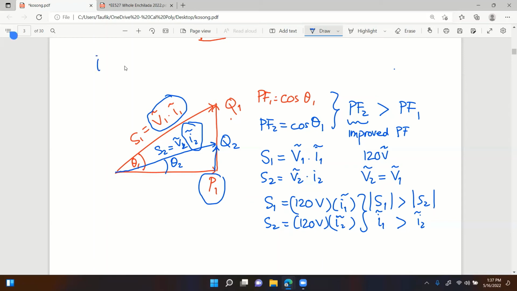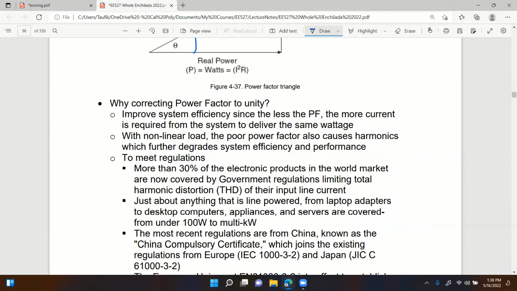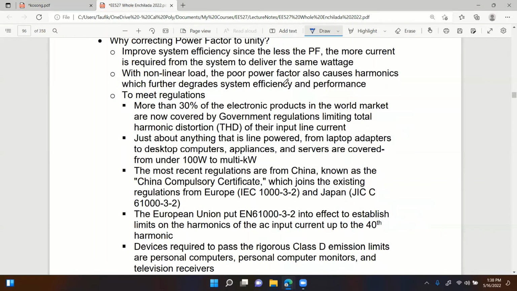Keep in mind that the loss across the transmission or distribution lines is equal to I squared times R. It's proportional to the square of the current. So if you can reduce the current by a factor of 2, then you can reduce the power loss by a factor of 4. That's how important power factor correction is. Any question on that? That's one benefit of improving power factor.